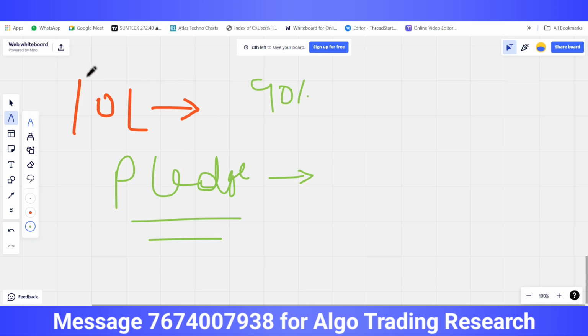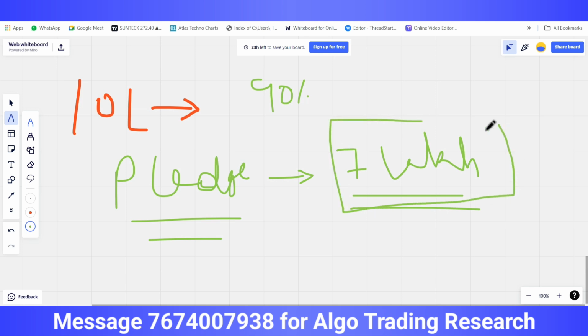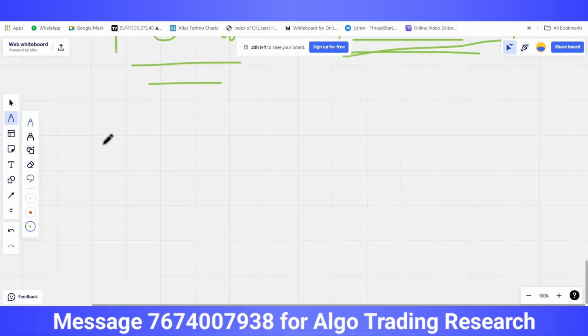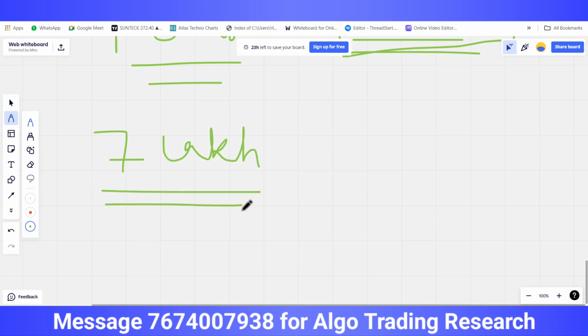Let us assume that if you have 10 lakh rupees worth of stocks, you get 7 lakh rupees worth of margin here. Okay, step number 1, firstly you can pledge your long term portfolio to get this 7 lakh rupees margin. Second step, once you have the 7 lakh rupees margin here, you can design your own algos to start your algo trading journey.